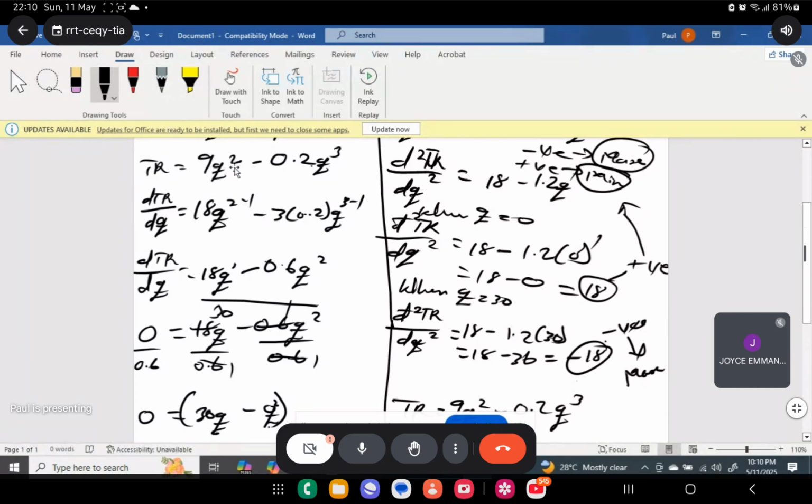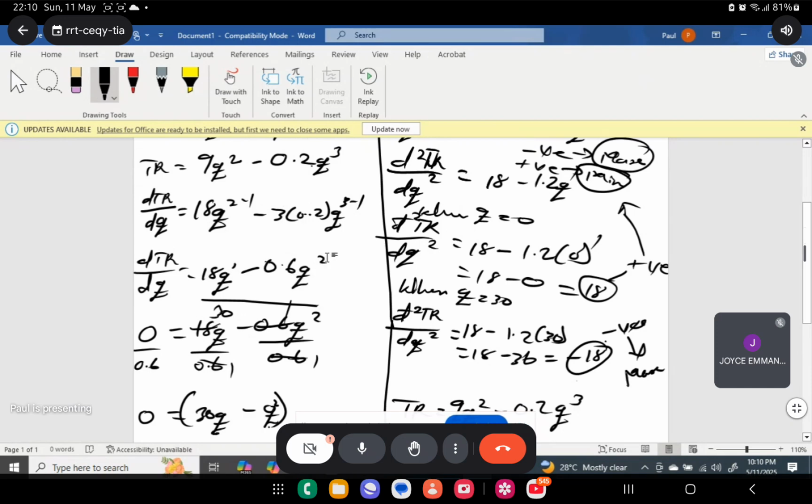For 9Q squared, when we are differentiating, the 2 will fall to multiply the 9, giving us 18, then we reduce the 2 by 1. Then the 3 will fall to multiply the 0.2, and we reduce the 3 by 1. This will give us 18Q to the power 1, then the other side will give us minus 0.6Q squared.